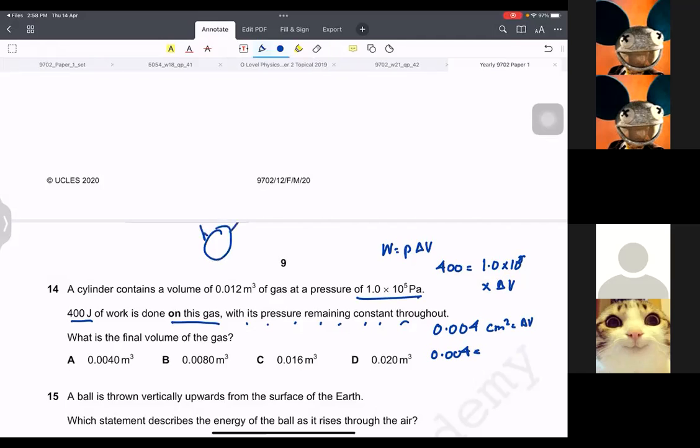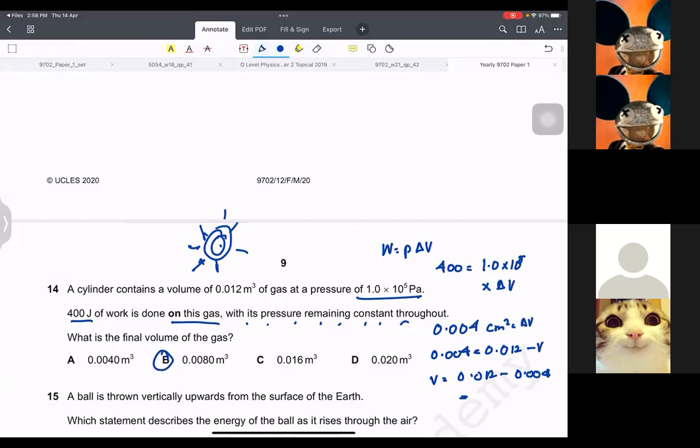That's not right. If the work is done on the gas, it means it is being pushed inside. So then final will be smaller. So you always have to do bigger minus smaller, by the way. And now this will be 0.012 minus 0.004. So this will be it.